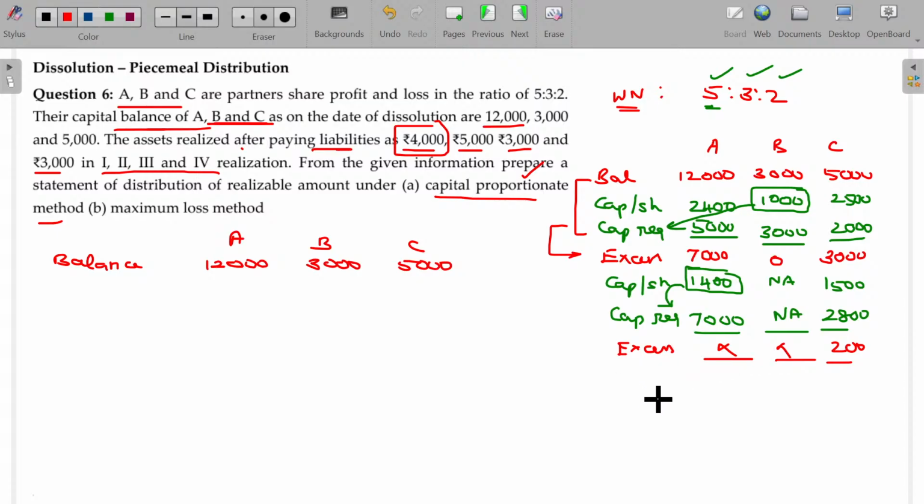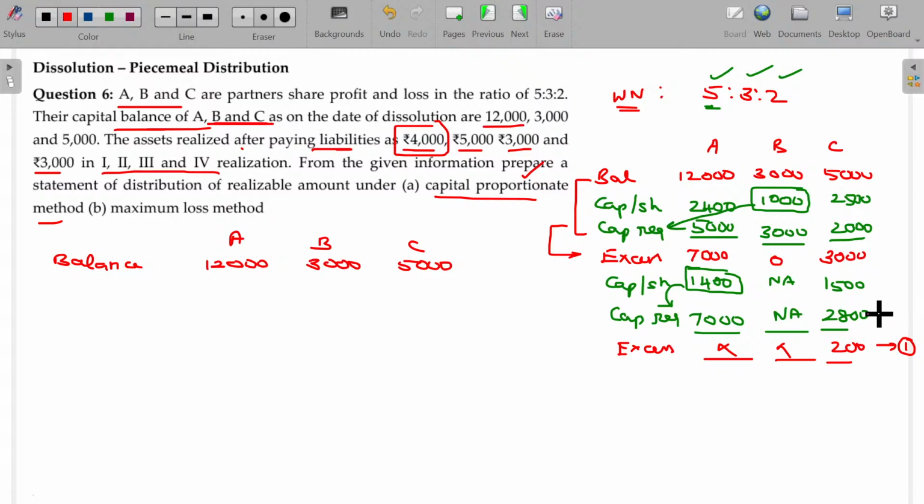While making the payment, remember, first you have to make the payment to this excess only, for whom? C. Up to the 200 rupees, you need to make the payment only to C. By making the payment to C, thereafter A's capital and C's capital become equivalent to their P/L ratio.